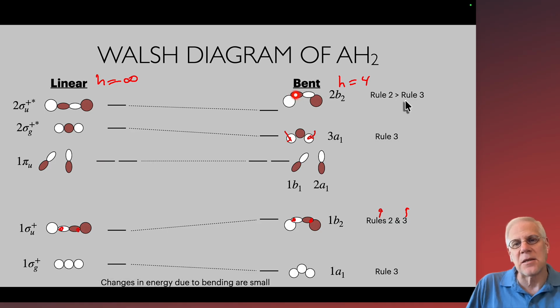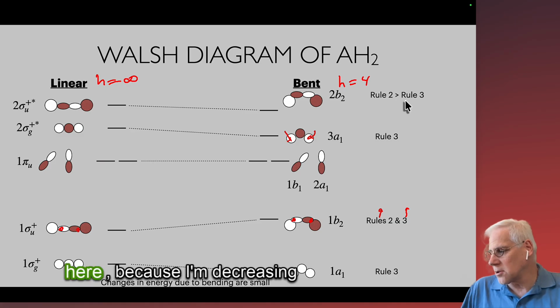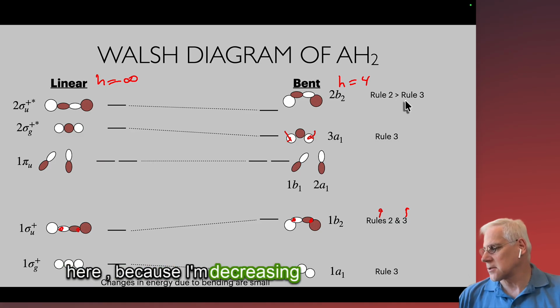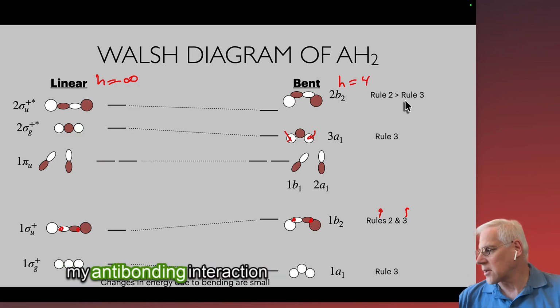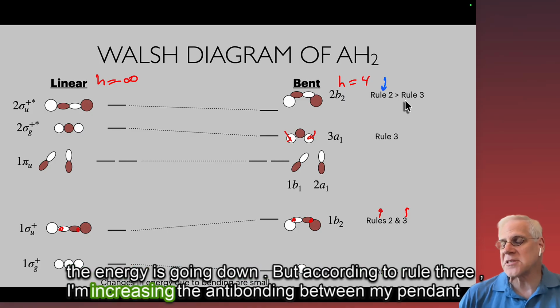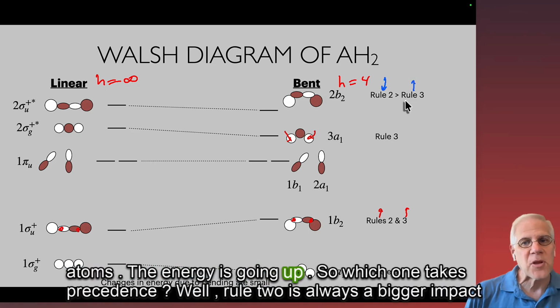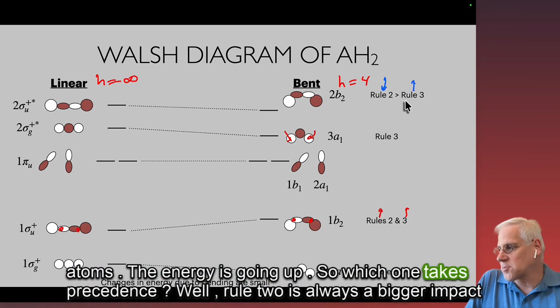So I'm actually lessening the anti-bonding interaction here, and here, I am creating an anti-bonding interaction here. So rule 2 here, because I'm decreasing my anti-bonding interaction, the energy is going down. But according to rule 3, I'm increasing the anti-bonding between my pendant atoms, the energy is going up. So which one takes precedence?